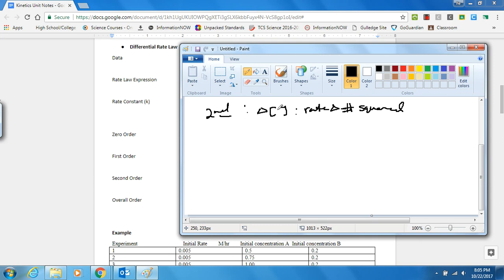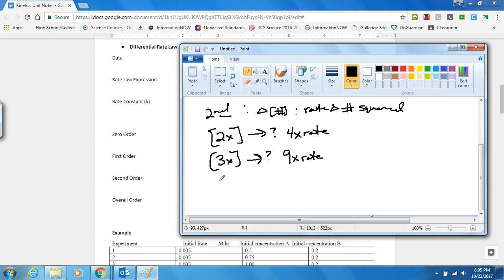What does that mean? Well, if I double my concentration, that is going to cause my rate to be 4 times the rate. If I triple my concentration, then it's going to cause my rate to be 9 times that rate because it's this number squared. So 3 squared is equal to 9. 2 squared is equal to 4.